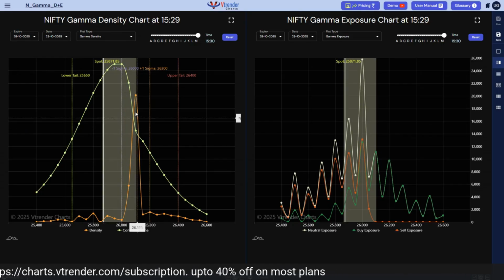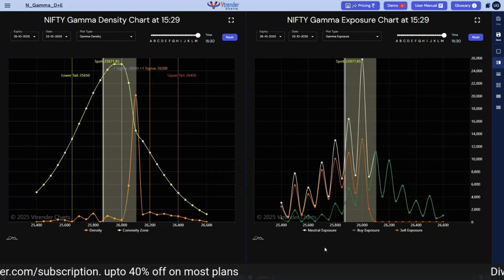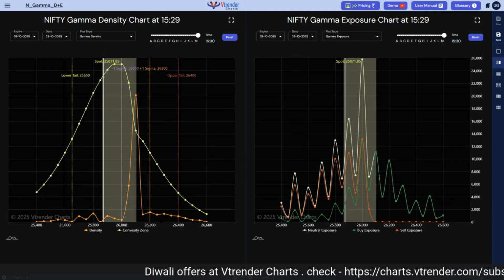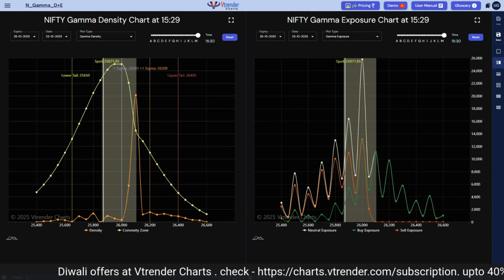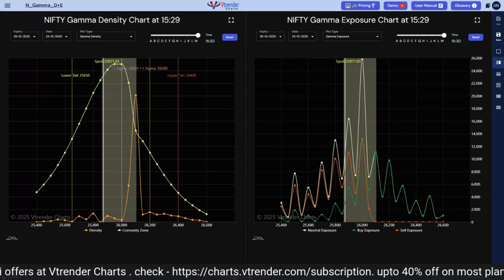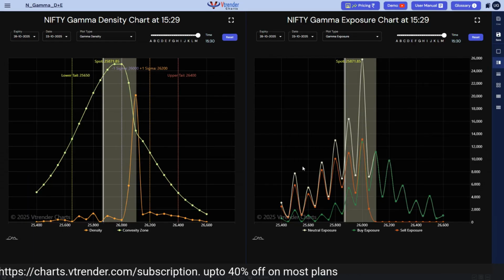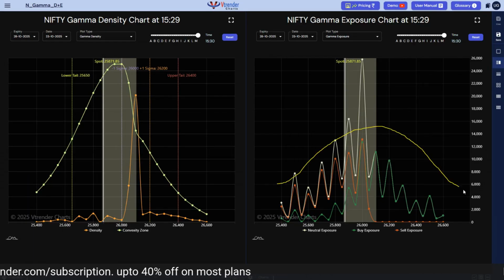So we need to follow this, and we need to know where the inventory is highest and what is happening, whether they are being forced to shift or whether it is going to be an easy cakewalk for the writers.